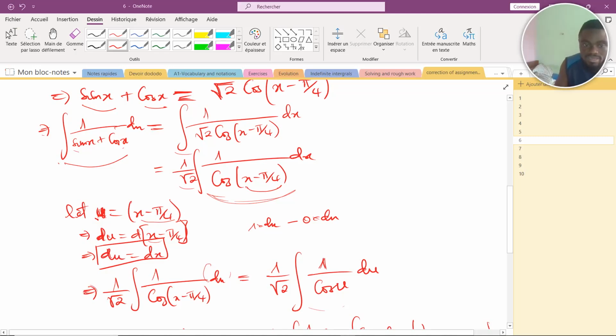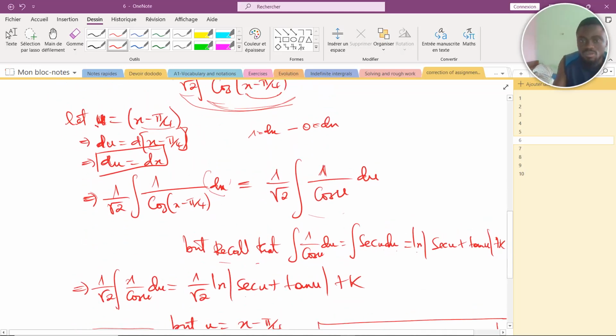So this integral, 1 on root 2 integral of this, will be equal to 1 on root 2. We saw that our dx is the same thing as du. So I replace my dx by du and this by u.